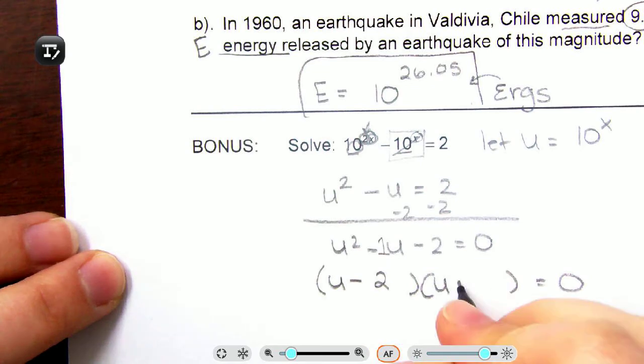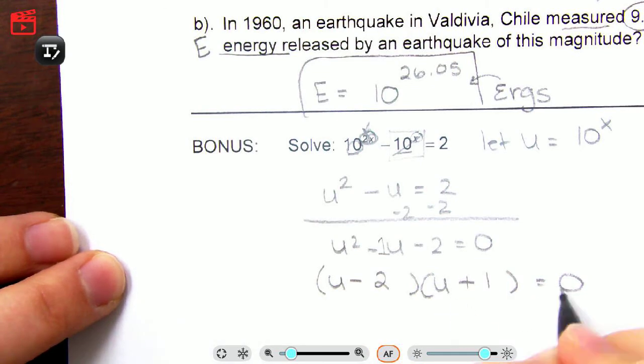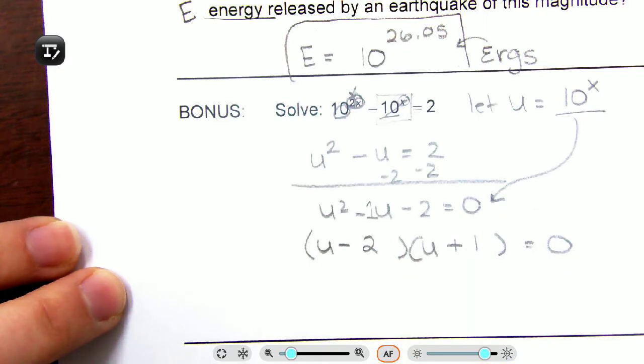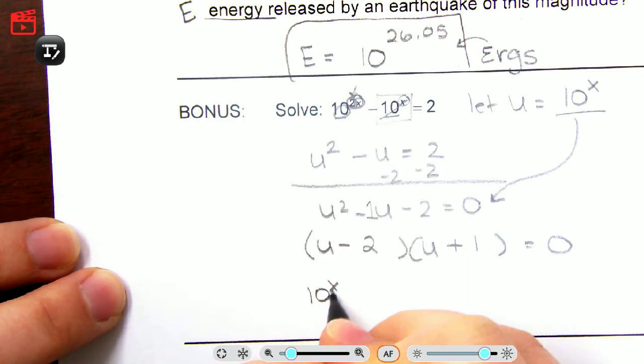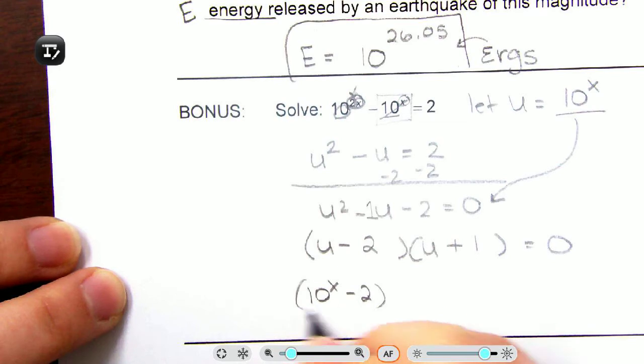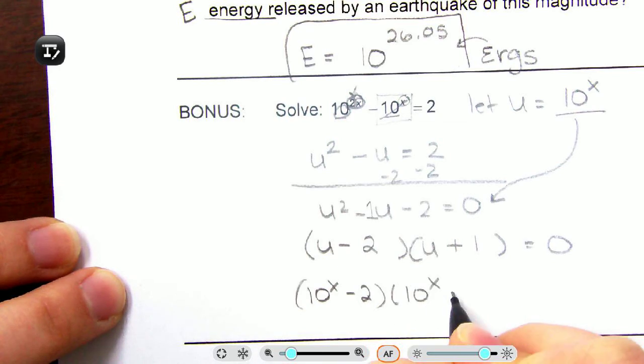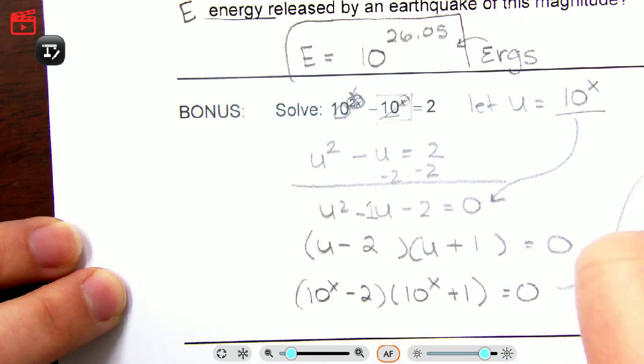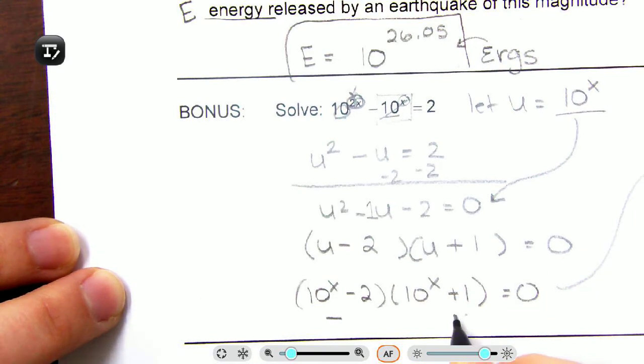So this is -2 and +1. After you're here, you're going to resubstitute back in your 10 to the x. So I have 10 to the x minus 2, and I have 10 to the x plus 1. From here, you're going to set each bubble equal to 0 and solve.